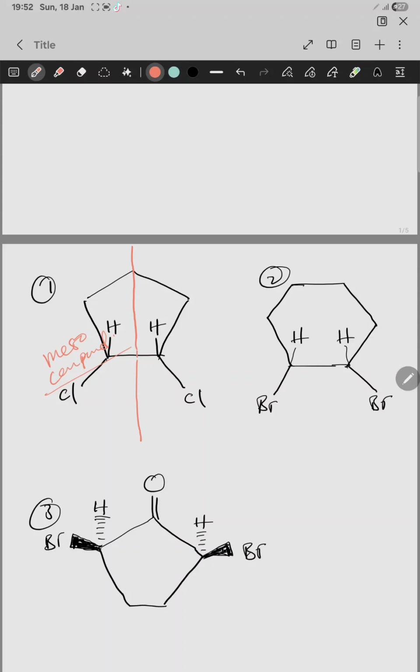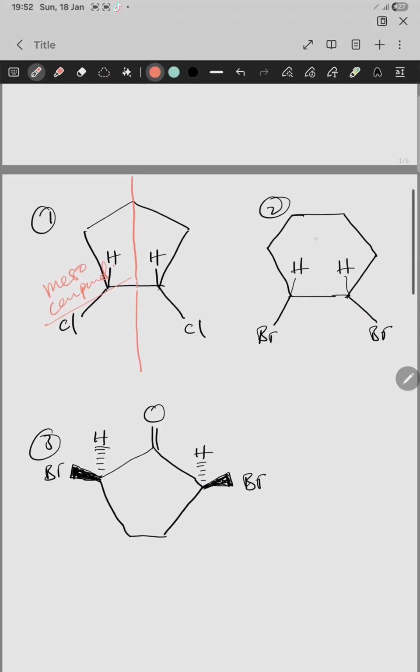Then coming to this other one, which is number 2, this also is a meso compound because you just identify if you're able to draw a line of symmetry. Are you able to do that? Yes. If you're able to draw that line of symmetry, meaning that each atom can flip onto the other atom without any problems or any space left. In this case, this can flip onto this, and that can flip onto that, and you are going to have that compound as a meso compound.